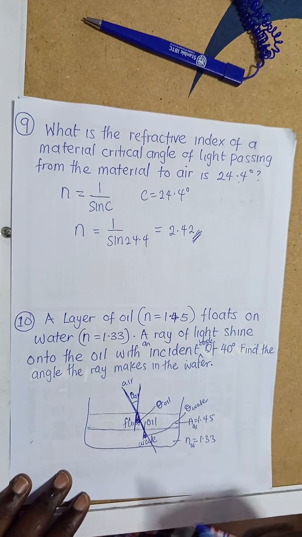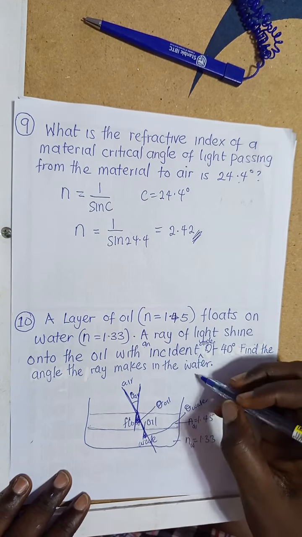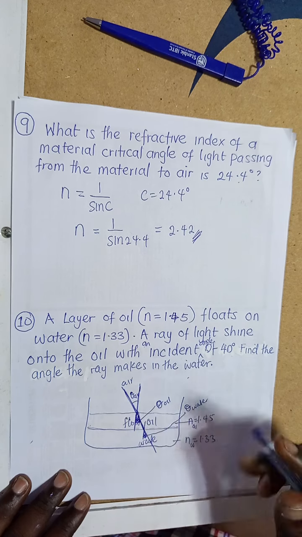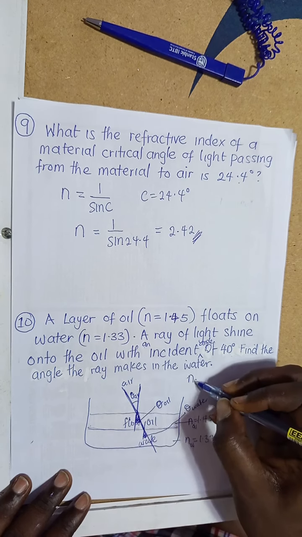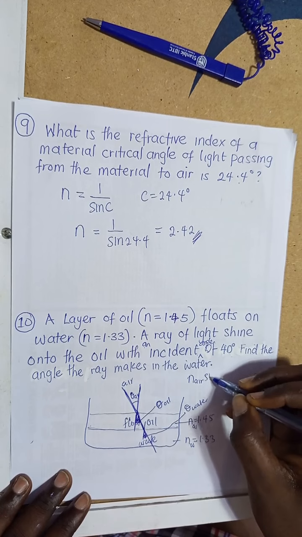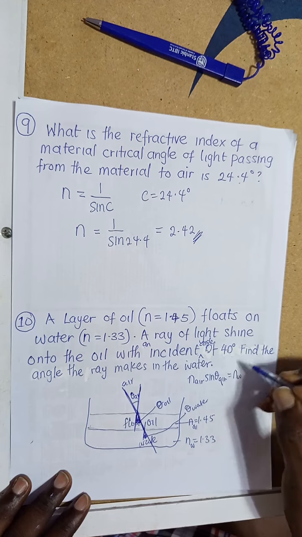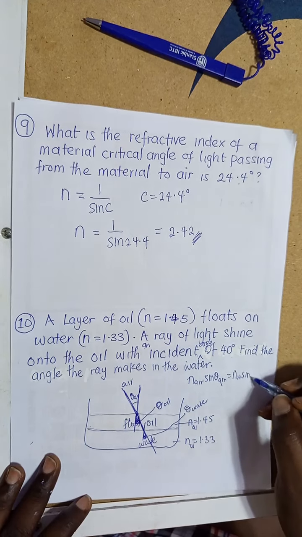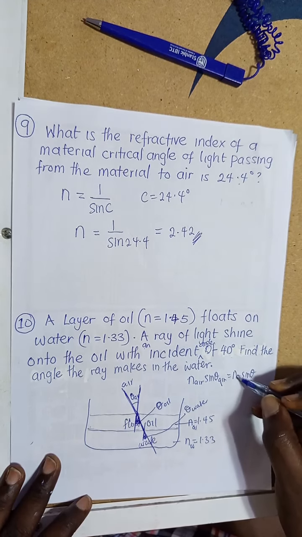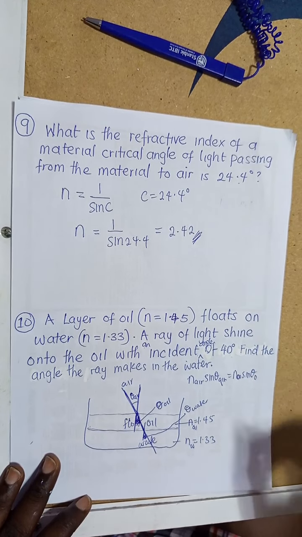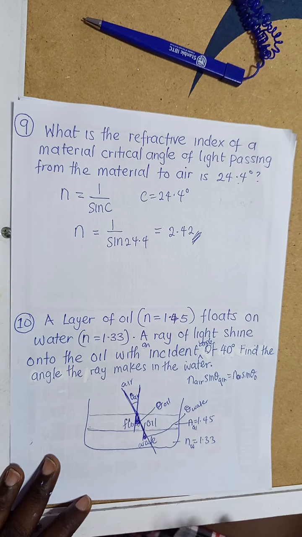So now let's take it one after the other. Let's start with from air to oil. So that means n air sine theta in air equals n oil sine theta in oil. Let's start with that one first.